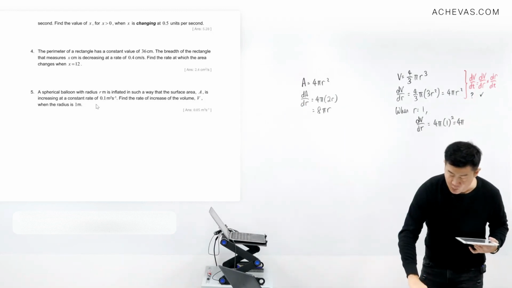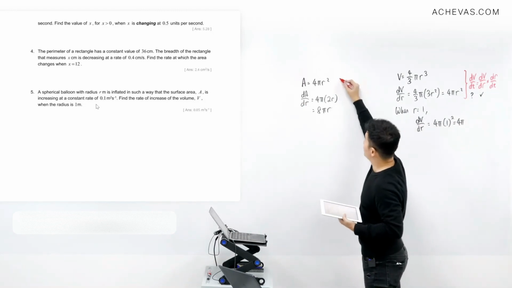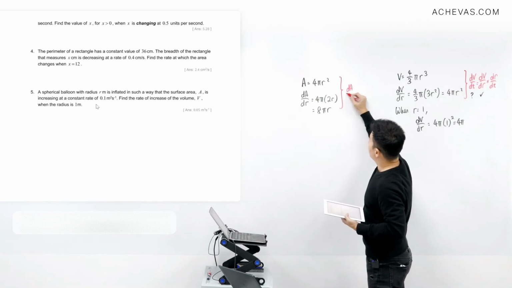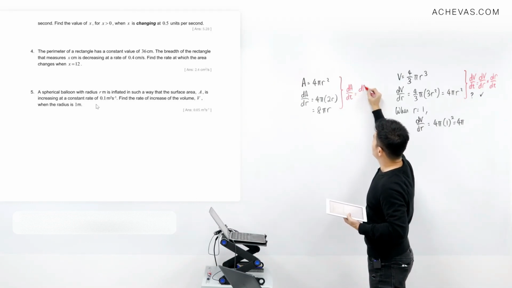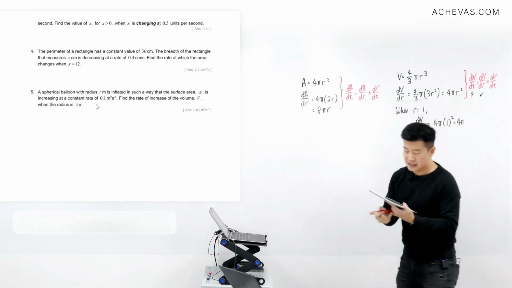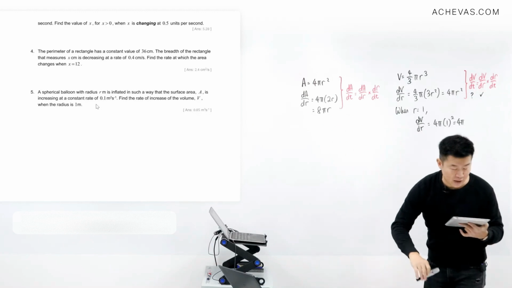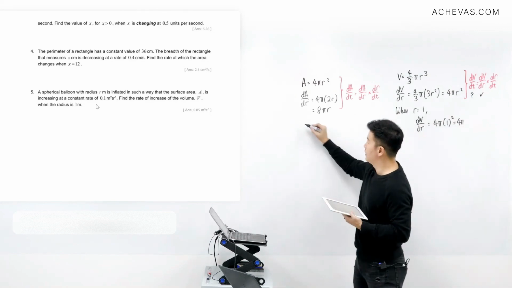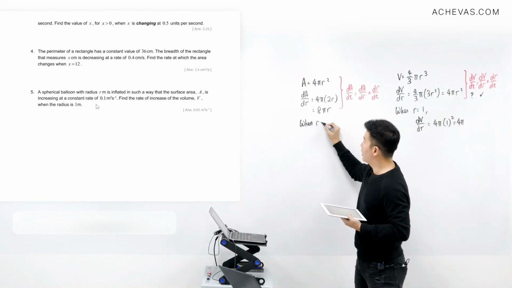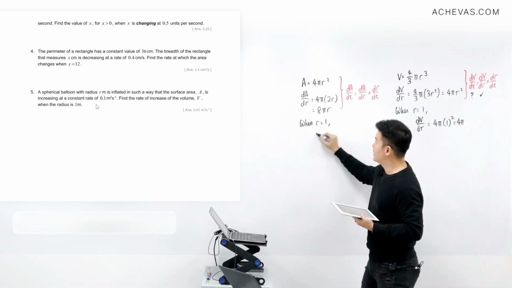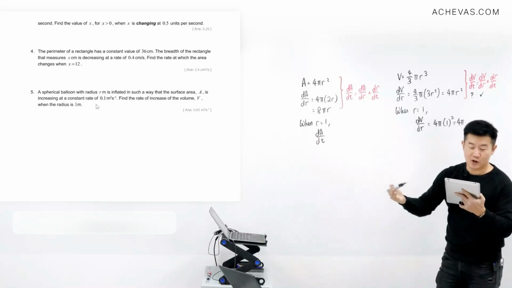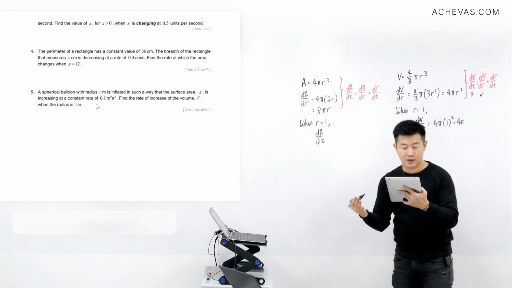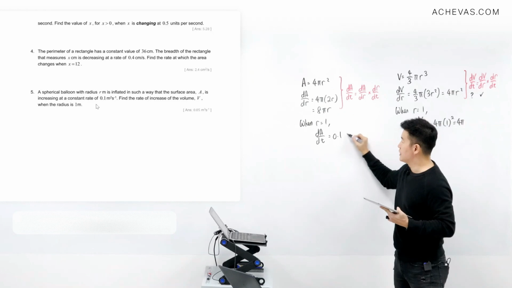The rate of change equation, customized for the surface area, is dA/dt equal to dA/dr multiplied by dr/dt. The specific condition is when r is equal to 1, and we are given that dA/dt, the rate of change of A, is increasing at a constant rate of 0.1. So this is equal to 0.1.